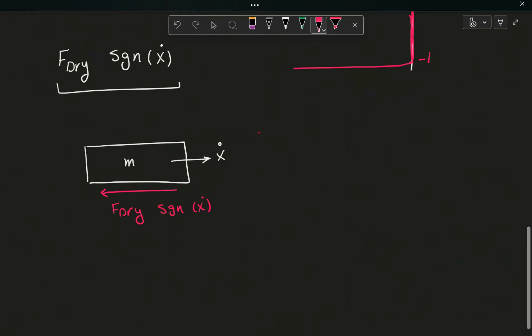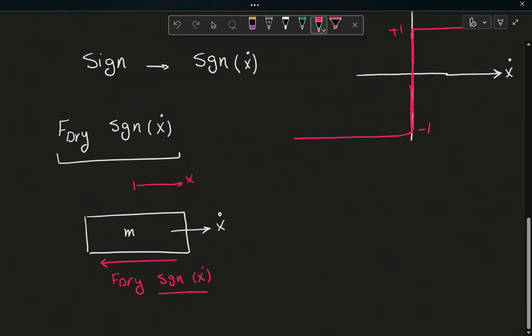Whenever the velocity is positive, and this is my positive x direction, the sign of x dot is 1 here, okay? So the direction and magnitude of your f dry would be opposing the direction of motion. Whenever the velocity becomes 0, the sign of x dot will become 0. Look at this. Your friction force disappears.